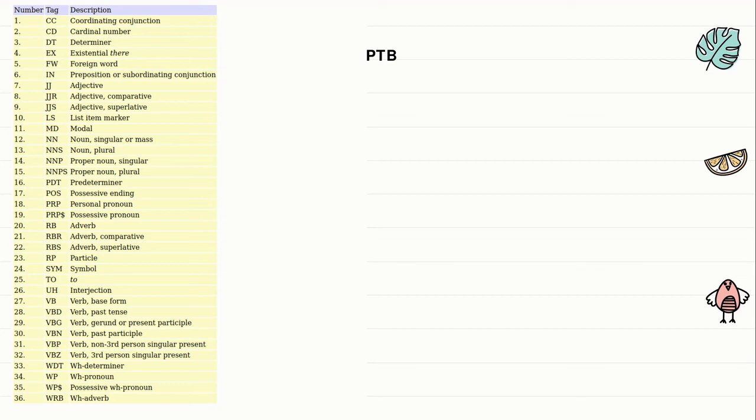For example, items 14 and 15 refer to proper nouns, but singular and plural nouns are distinguished. 8, 9, 21, 22 are devoted to superlative and comparative forms of adverbs and adjectives. Also, verb has a long list of items from number 28 to 32. We see the past, present, and gerund forms of verbs. From number 33 to 36, we see the WH words in detail.